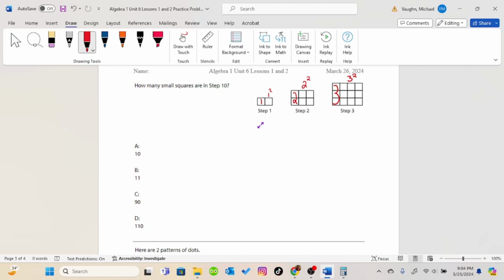So every time we have the step number, we'll call n, plus n squared. So now if we want step 10, we would have 10 plus 10 squared.